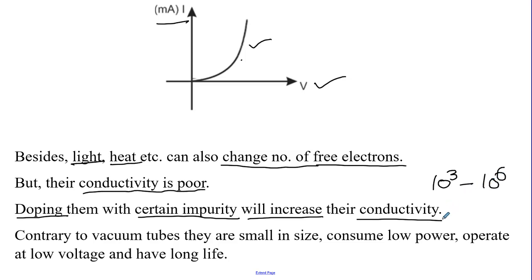Hence, they conduct now at par with conductors, and besides they have features like they are small in size, they consume low power and operate at low voltage. They also have a very long life, hence they are replacing vacuum tubes in our modern devices.